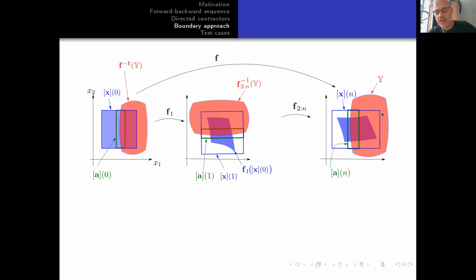Here, this one, I can see that it is red, and this one will be outside. So I will memorize the colors, and I will now explain how we propagate backward. At each time, the box A of K encloses the intersection of the set of all points that will be sent on the boundary of Y.